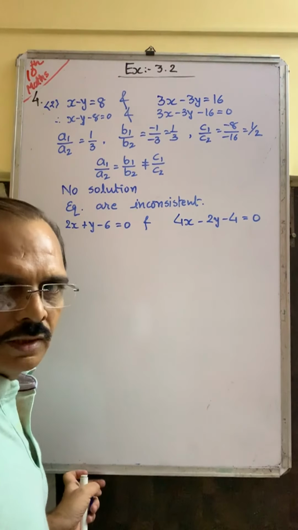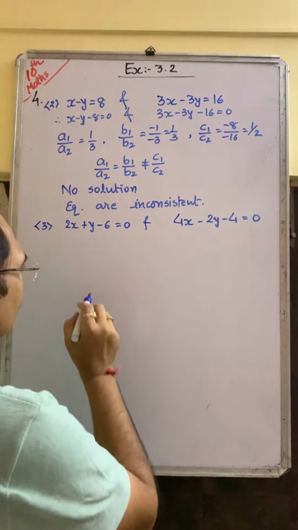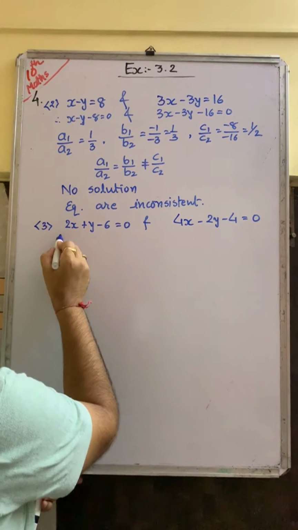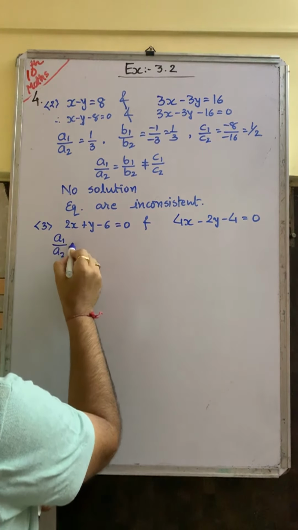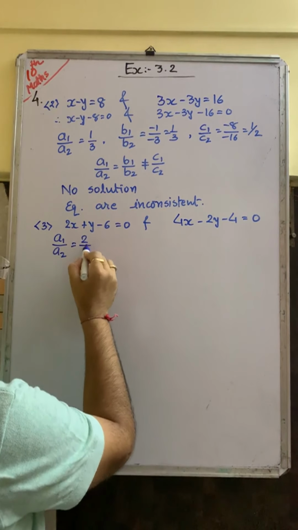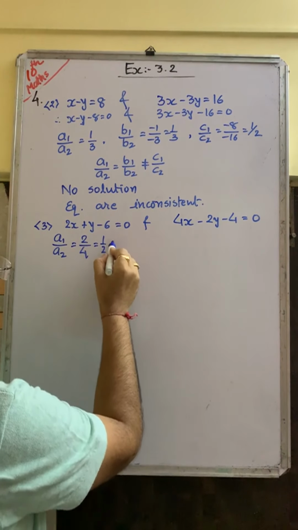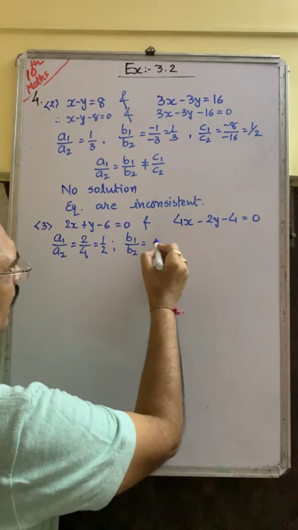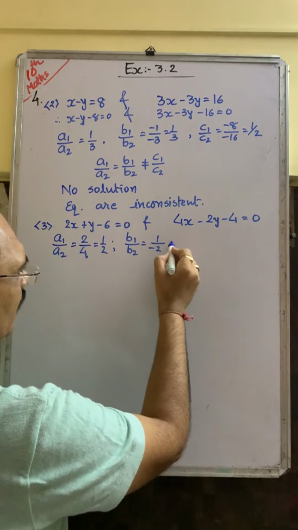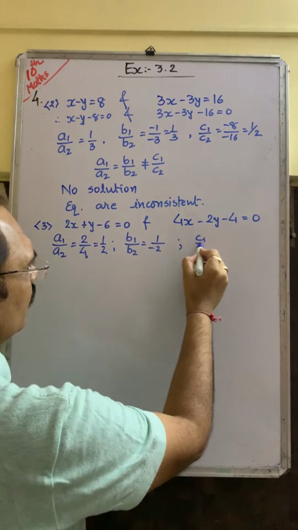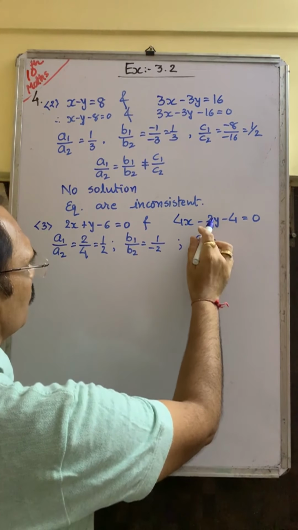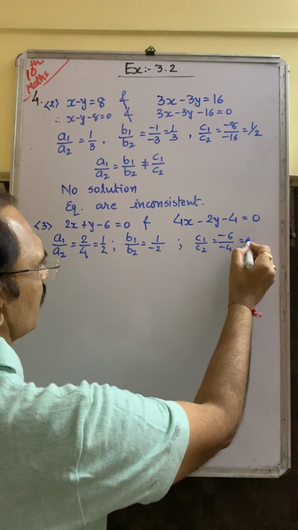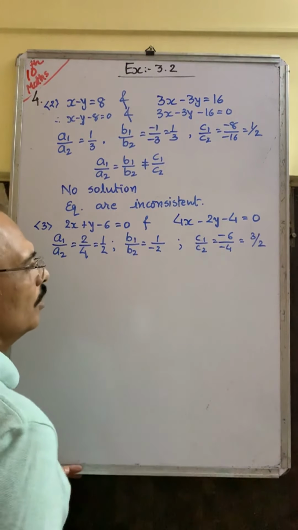No need to write 2 common, keep it as it is. And if you take 2 common, then also it is right. Simply find out the ratio a1 upon a2, 2 upon 4, that is equals to half. b1 upon b2 equals to 1 upon minus 2, means minus half. c1 upon c2 equals to minus 6 upon minus 4, that is 3 by 2.